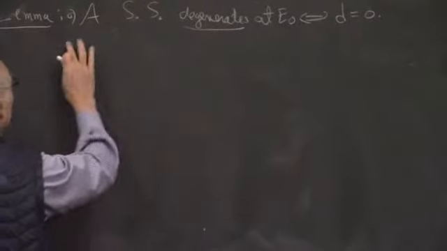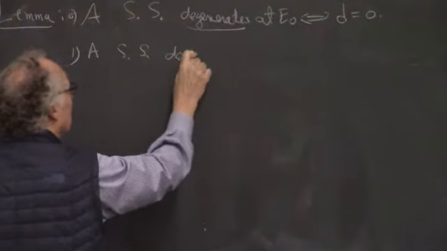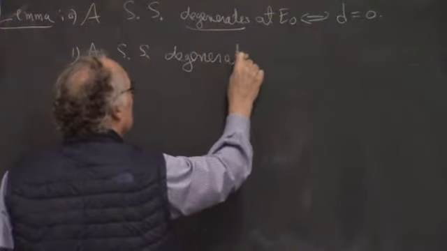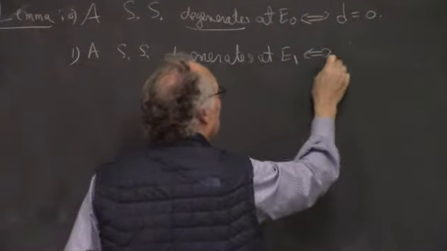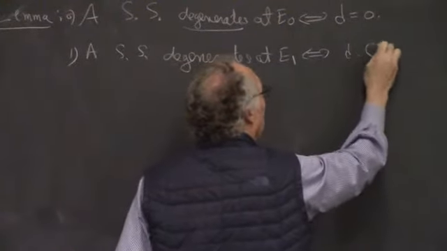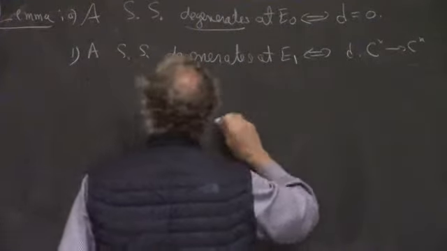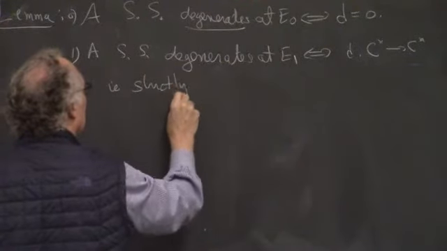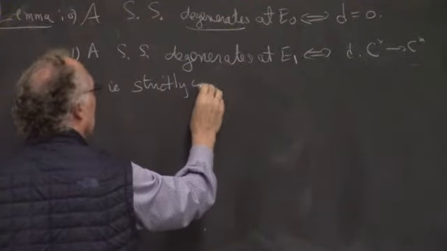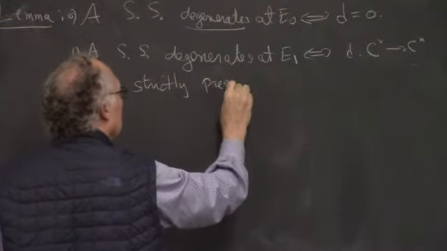Much more interesting is that the spectral sequence degenerates at E_1 if and only if the differential from the chain complex to itself is strictly compatible, well, strictly preserves the filtration.